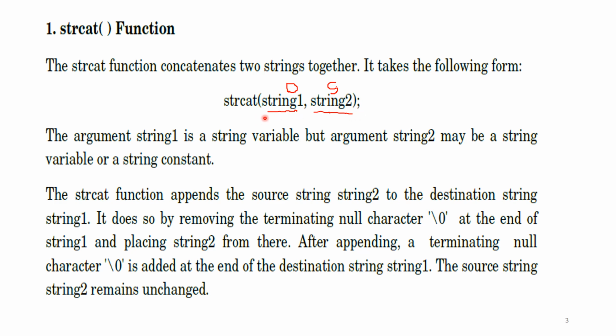Here string 1 is a string variable. It should be a string variable. And string 2 can be a string variable or a string constant. The function appends the source string, string 2, to the destination string, string 1.